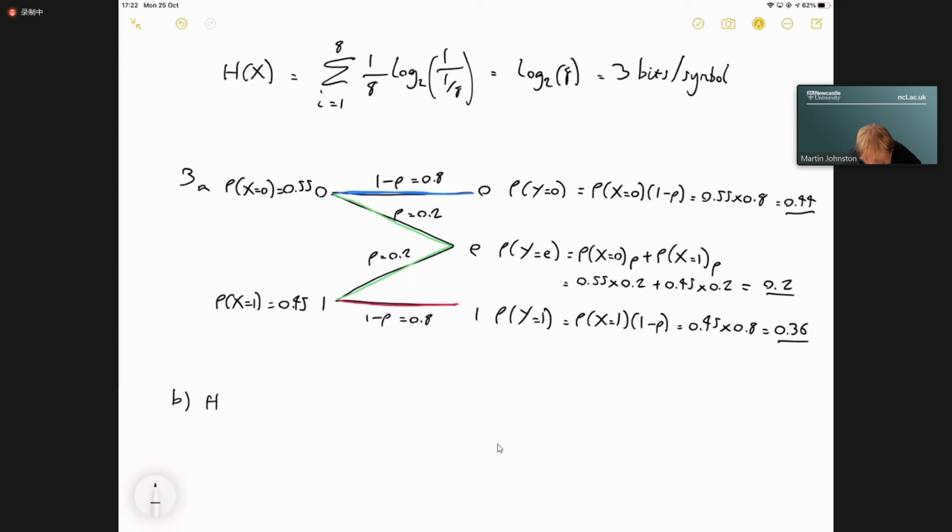H of x is the sum from i equals 1 to 2, because we've only got two input symbols, of the probability of the symbol occurring times the information of that symbol.